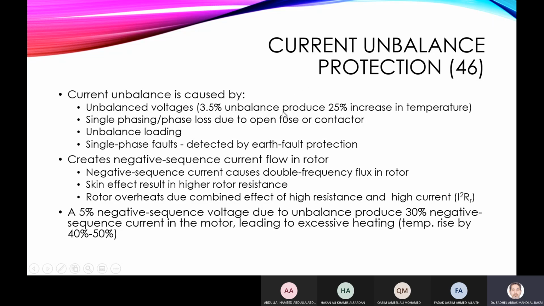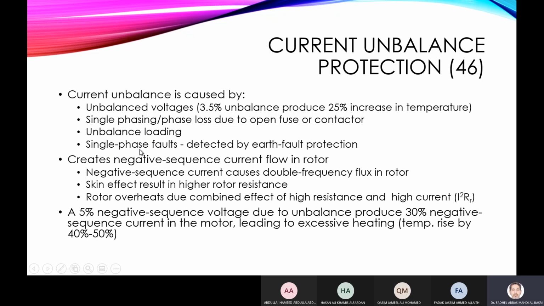This also causes imbalance. Imbalanced loading: if you put different single phase loads, that also causes voltage imbalance or current imbalance. Single phase faults: if you have a fault in a single phase on the supply side, or in the motor, that also causes imbalance current.